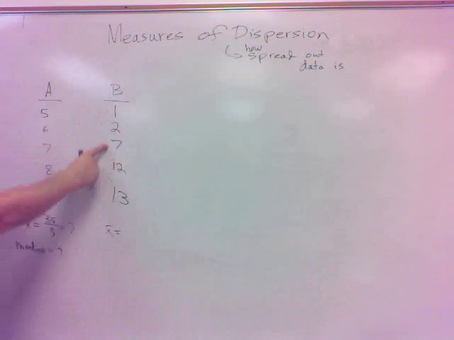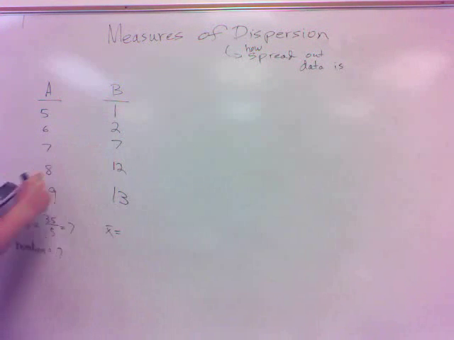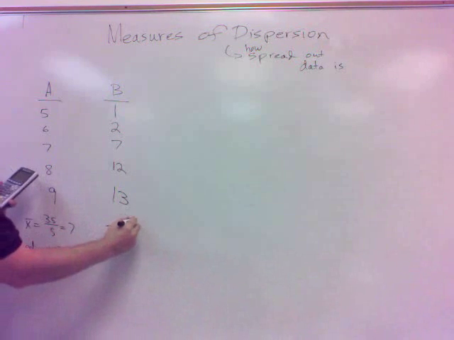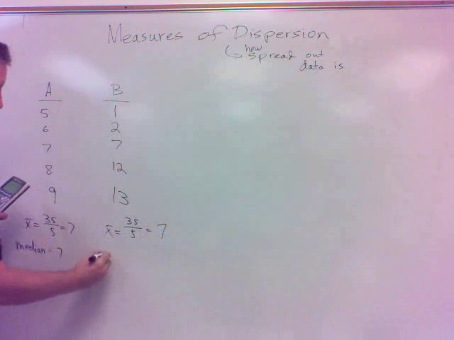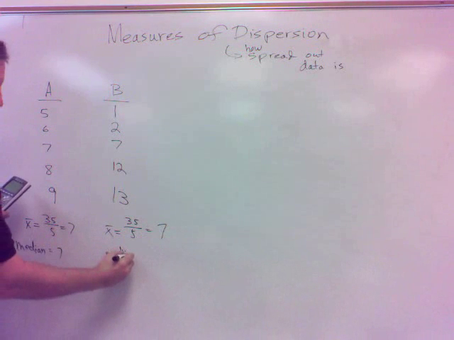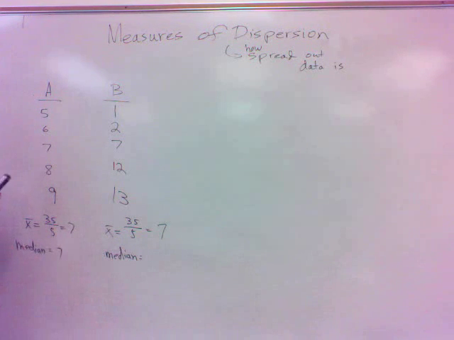Well, add up those values. You got 1 plus 2 plus 7, 12, and 13. That gives you 35, doesn't it? Divide that by 5 values. That's 7 also. What's the median of B as well? Isn't the median 7? Middle value is 7 also.